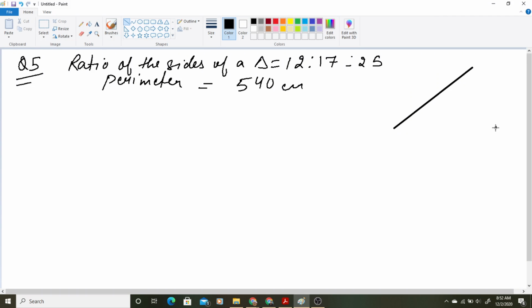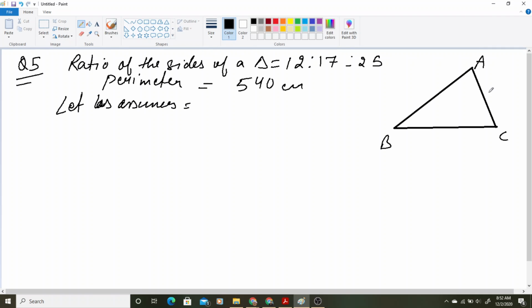Suppose this is the triangle we are having, and let us name it A, B, C. Now the ratio of the sides is given, so let us assume the sides: this side I am taking as A, this one as B, and this one as C. So A equal to 12x, B equal to 17x, and C equal to 25x.